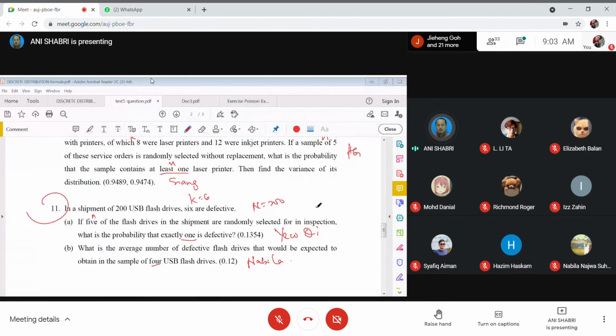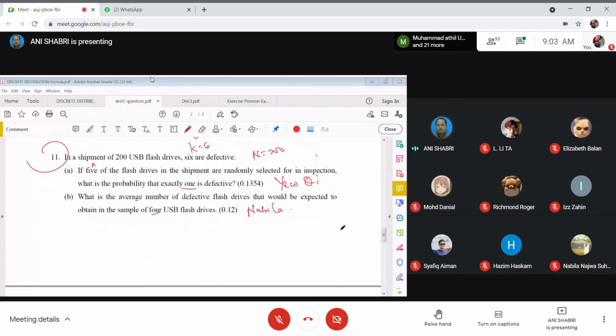Okay, number 11 is okay. You and Nabila are already done. Okay, number 1, this one A, P of X equal to 1. N is 200 and K is 9.